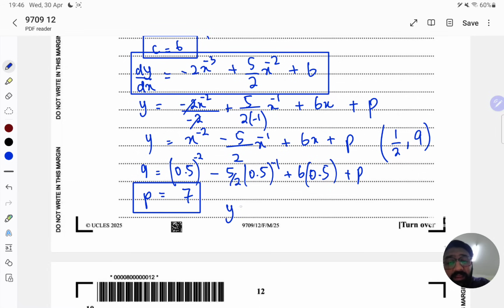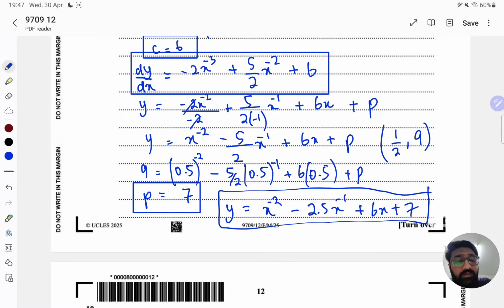So the final equation will be y = x^-2 - 2.5x^-1 + 6x + 7. So this is the equation of the curve.